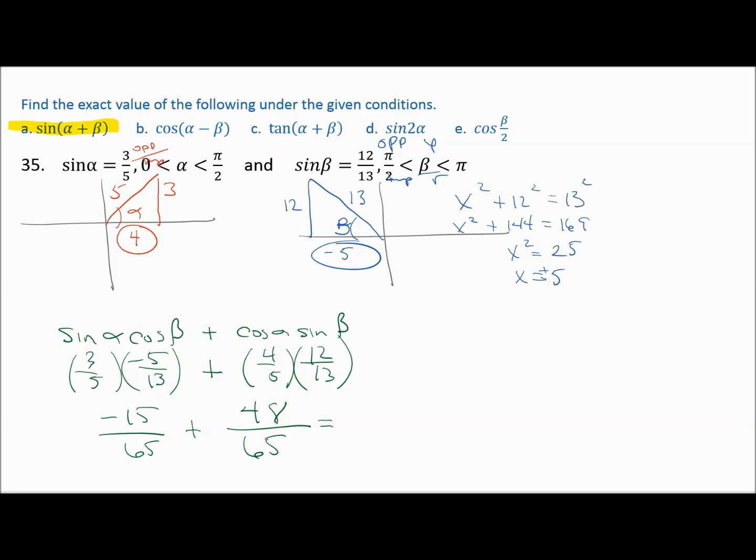And then you add your negative 15 and your positive 48 to get 33 over 65. And I believe both of those divide by 3. I know 33 does. So 65 divided by 3 is 21. No, it does not divide by 3. I looked at that wrong. So I think we're done with that one. 33 over 65 is it.